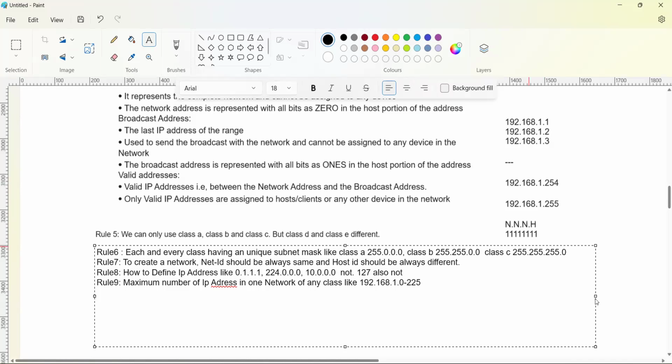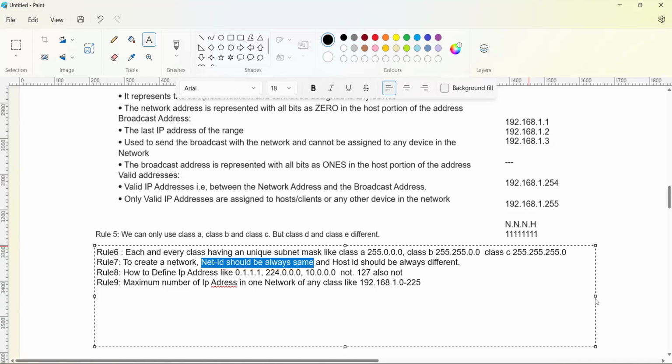And rule 7, to create a network, the net ID should always be the same and the host ID should always be different. Whenever we are creating a network, the network ID should be the same.